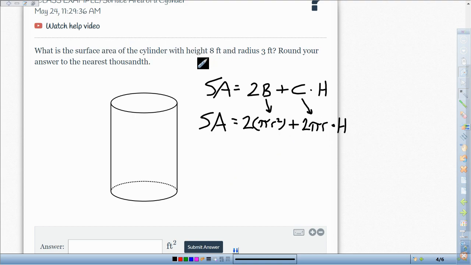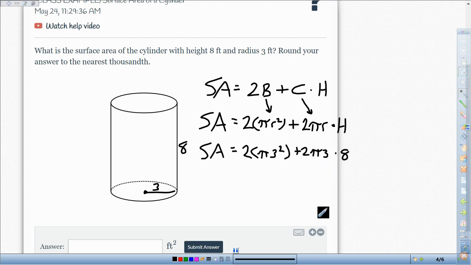If you look at the directions, they're telling me the height is 8, and they're giving me the radius as 3. They're giving me exactly what I want. Though always double check. Some of these might give you the diameter, and you might need to take half of it. So don't assume that they always give you the radius. Okay, so 2 times pi 3 squared plus 2 pi 3 times 8.